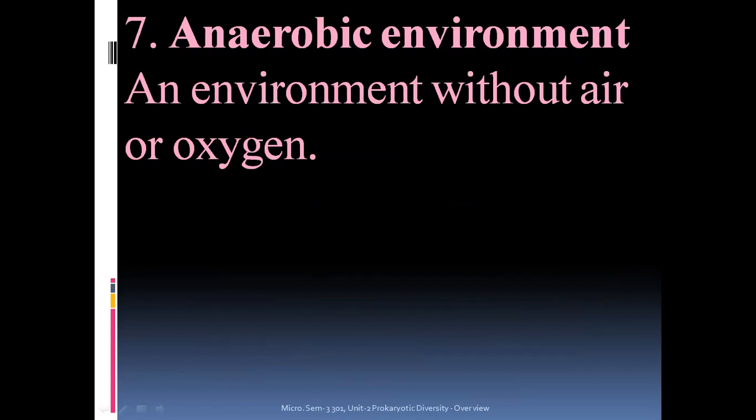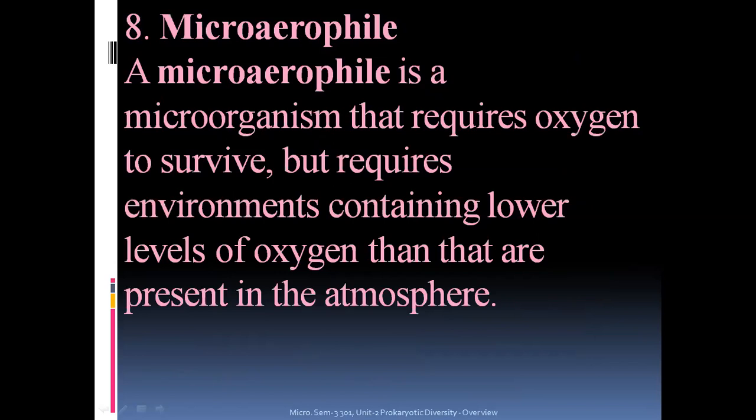Next is anaerobic environment. You all are smart enough to understand that the environment without air or oxygen is termed an anaerobic environment, and the organisms which survive in an anaerobic environment are termed anaerobic bacteria. The next terminology we are going to discuss is microaerophilic. Micro means a part, aero means air, and philic or phile means loving.